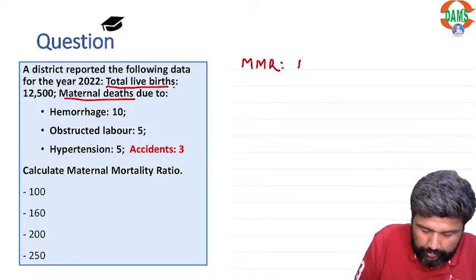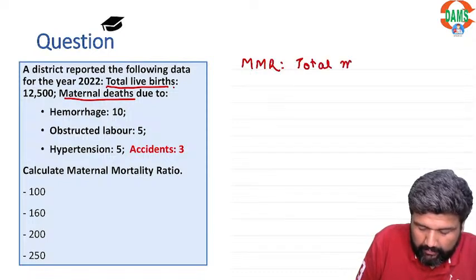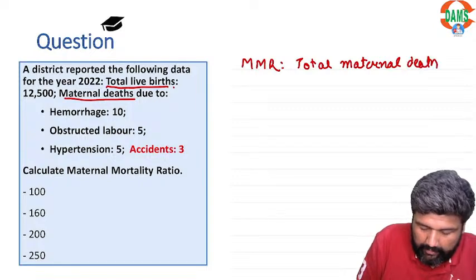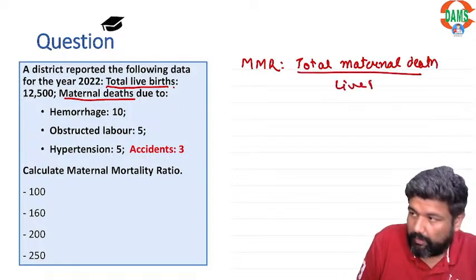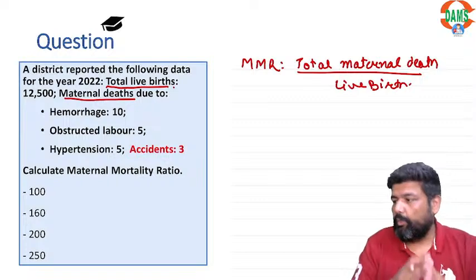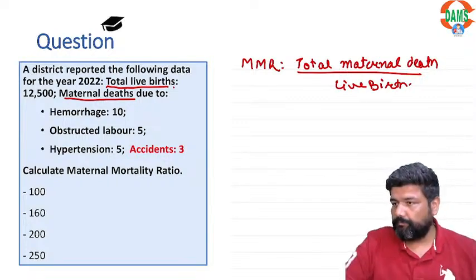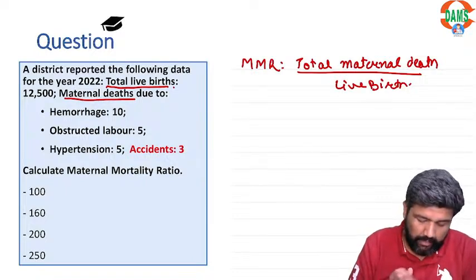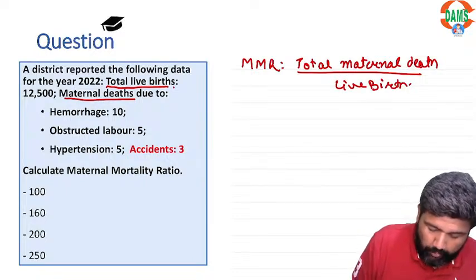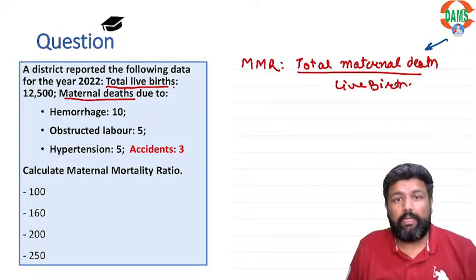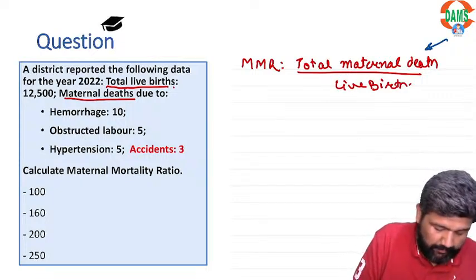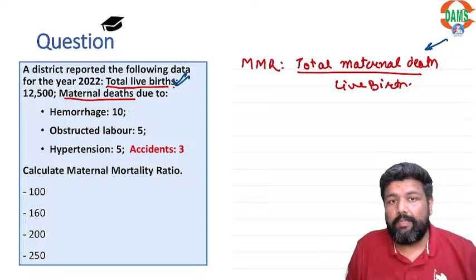Maternal mortality ratio is total maternal deaths divided by live births. Now, in this question, total live births and maternal deaths have been given.